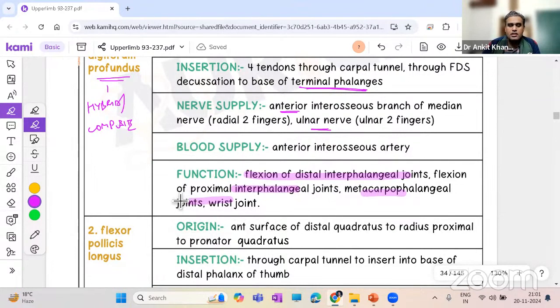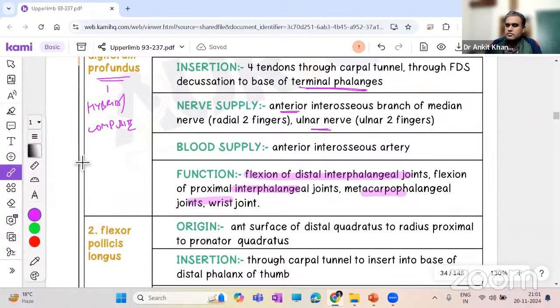Now, how can the examiner ask you questions in different forms from the simple information? In a NEET PG sort of exam or an image-based sort of exam, there can be a small GIF or small video where they may show you the movement of one of the fingers. For example, they may show you the movement where you can see the PIP joint being flexed.